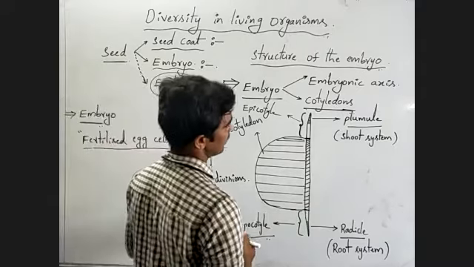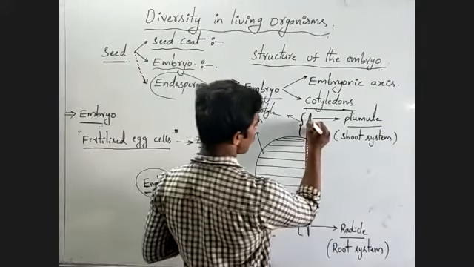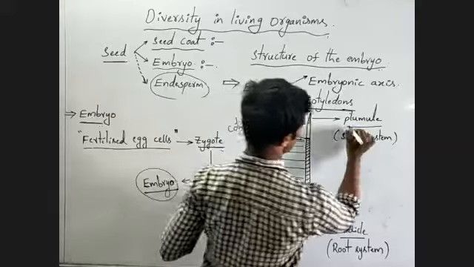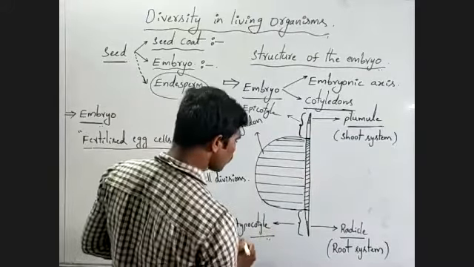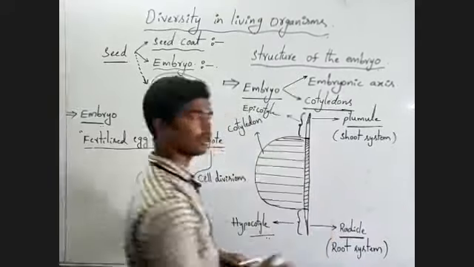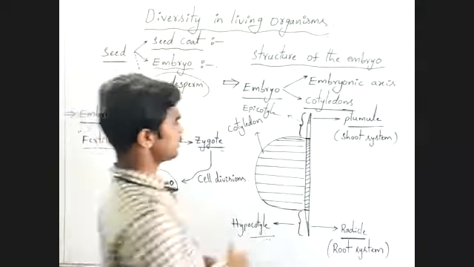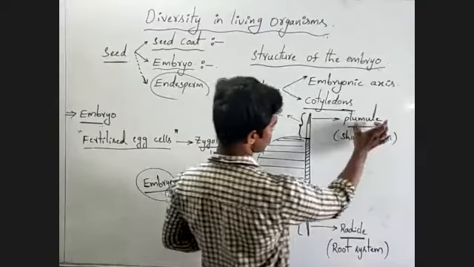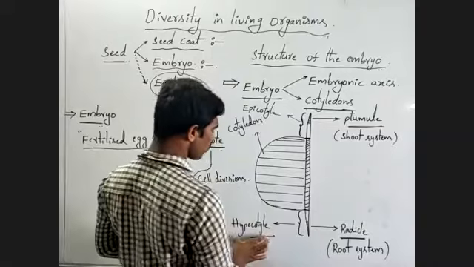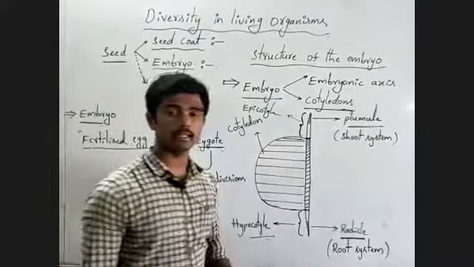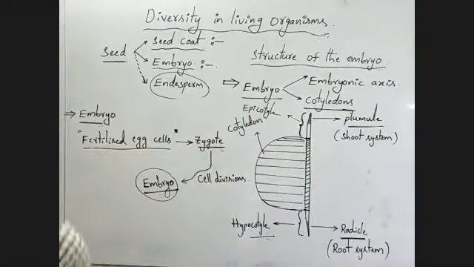Now, the tip of the epicotyl is called plumule. Tip of the hypocotyl is called radicle. Yes, observe one.